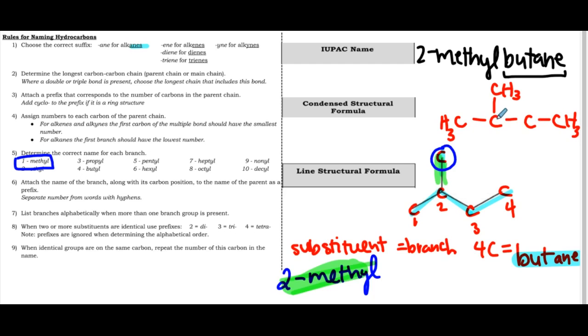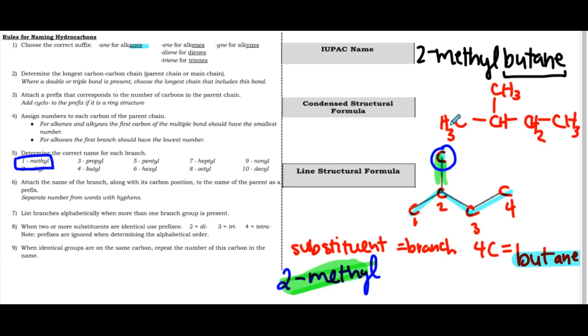This carbon has 1, 2, 3 carbons attached to it. 3 bonds. It only needs 1 more bond to satisfy the octet rule, so we're just going to draw 1 hydrogen. Unlike over here, this carbon is attached to only 2 carbons, so the remaining 2 bonds must be with hydrogen.